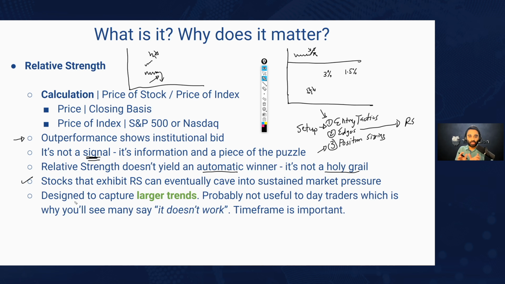The point of RS is to see relative strength over a period of, let's say, 10 days, 12 days, and when we're in a correction, a period of multiple months at a time. The RS line will continue to show that this stock is trying to outperform the markets, but the markets are not cooperative yet. So relative strength is designed to capture larger trends. It's not a tool that you could use on a 5-minute chart and try to get away with it.